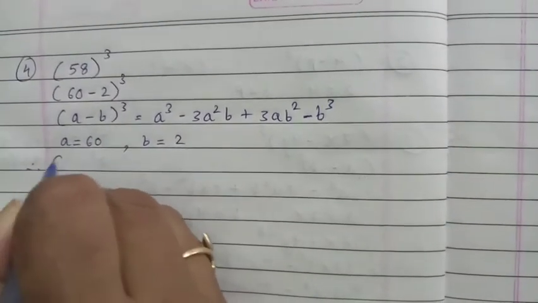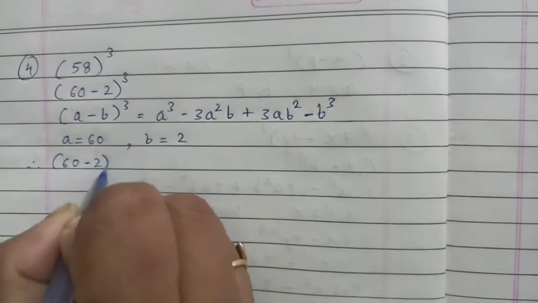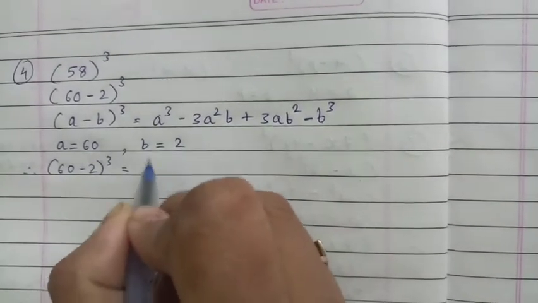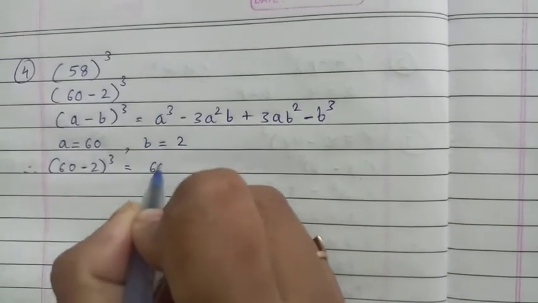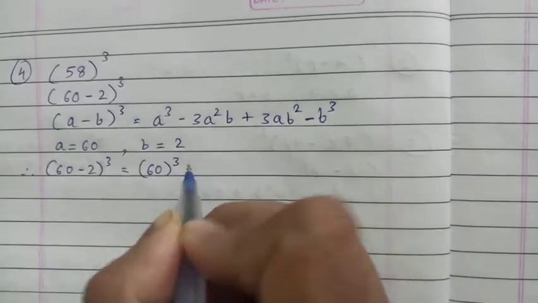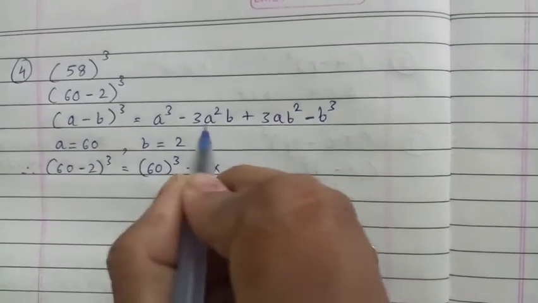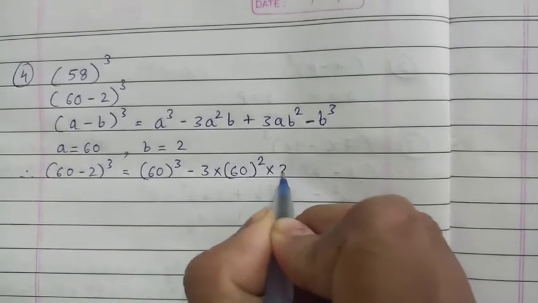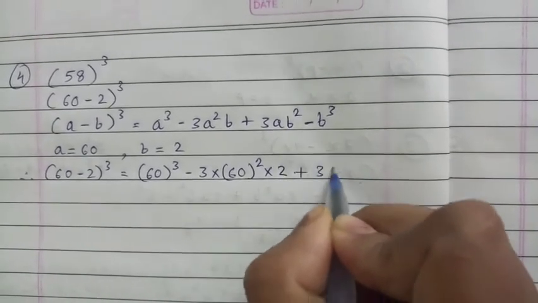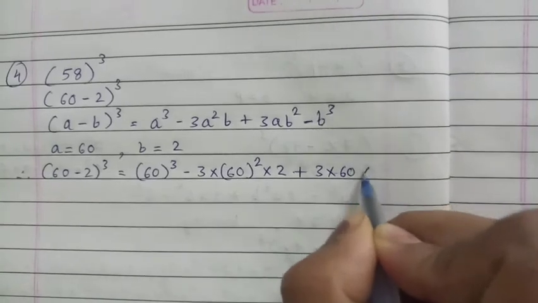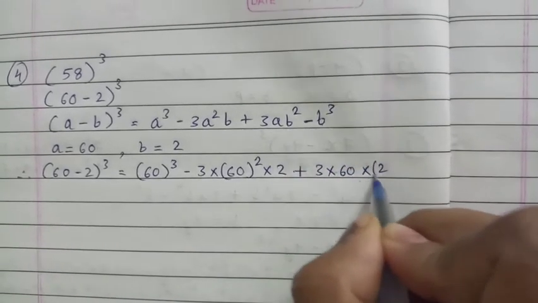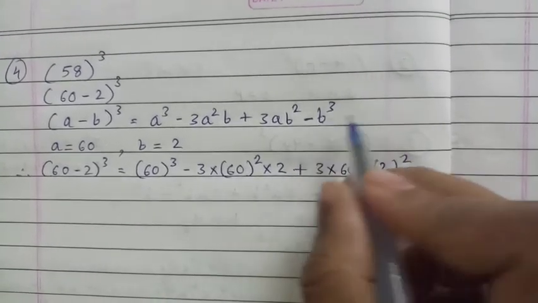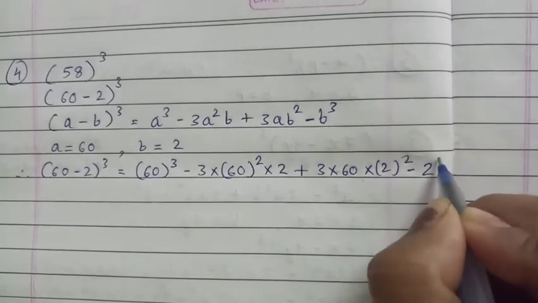So we will have 60 minus 2 whole cube is equal to 60 cube minus 3 into 60 square into 2 plus 3 into 60 into 2 square minus 2 cube.